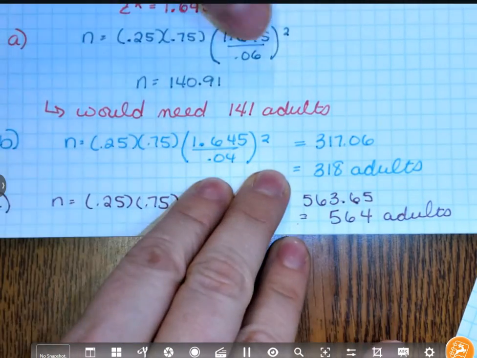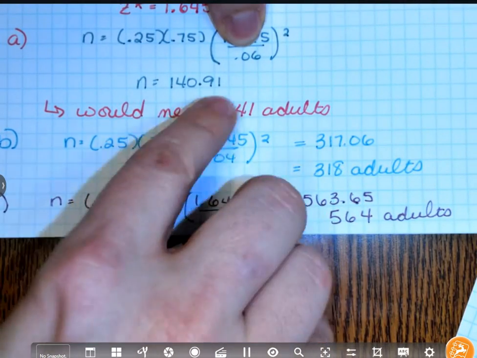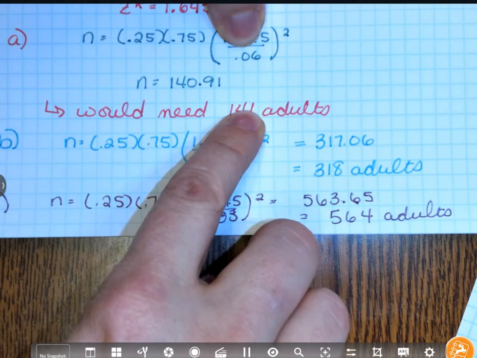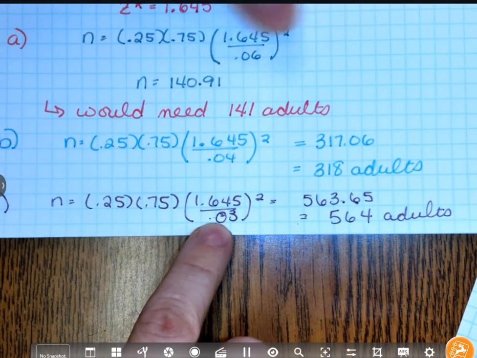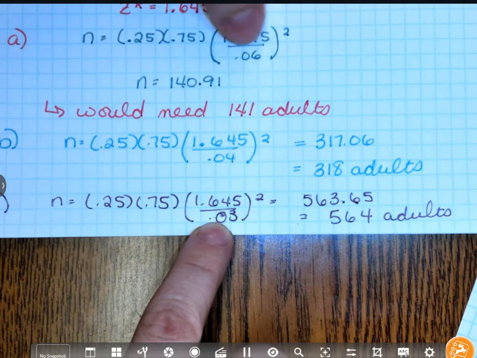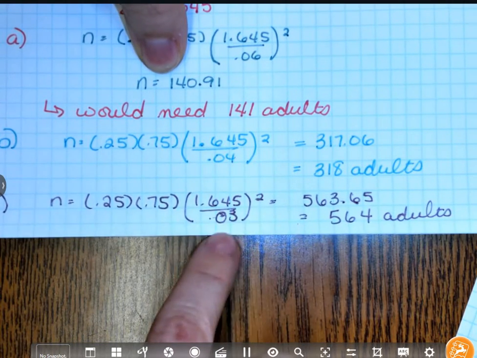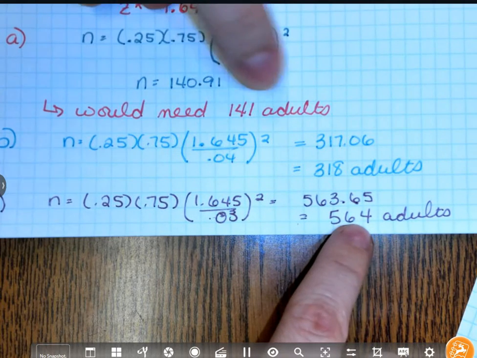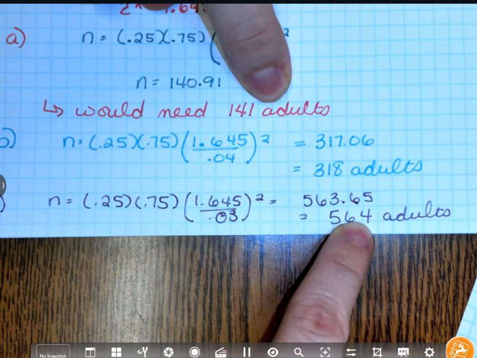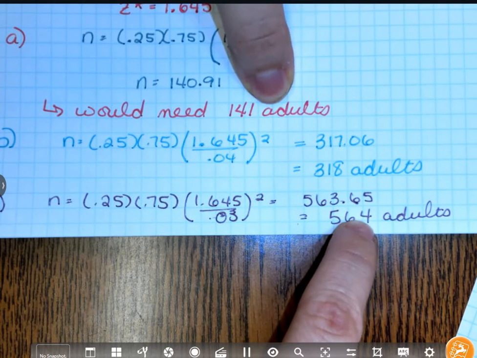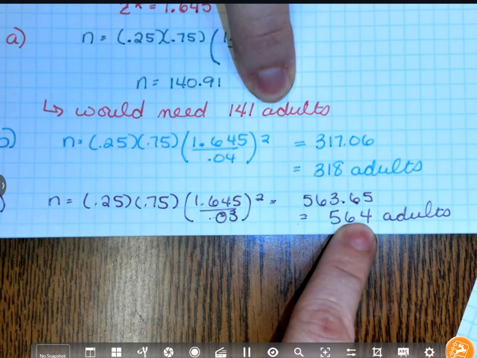This one, my margin of error was 0.6. I needed 141. The margin of error here was half of that. To half my margin of error, did my sample size go up or go down? Go up. I wanted a smaller margin of error. My sample size went up.